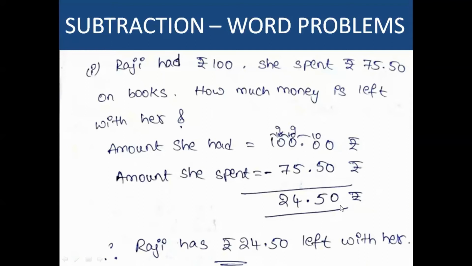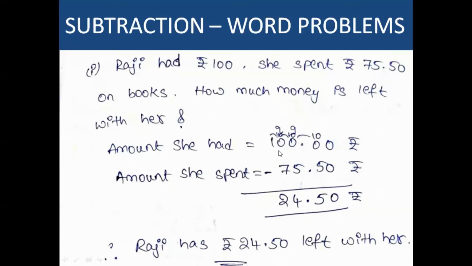0 minus 0, 0. Here 0 minus 5 we cannot take. So borrow 10 from 0. It changed to 10. 10 minus 5, 5. Here we are having 9. 9 minus 5, 4. Here we are having 0. Take borrow.